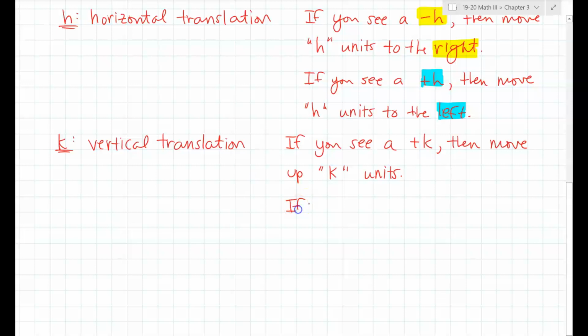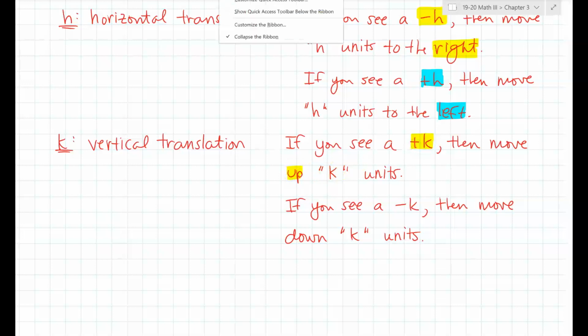But if you see a minus k, then move down k units. Now what I'm reviewing with you right now is something that we're going to carry throughout this section and the next section as well. We're going to use this for both sections today and tomorrow, and possibly a couple more sections after that.